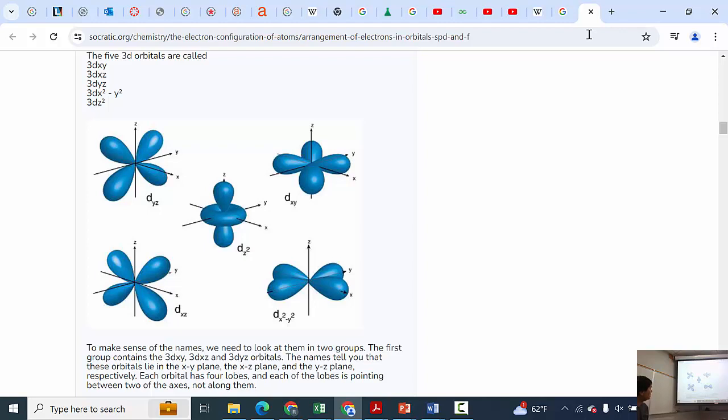This is an XZ. So they say DYZ, DXY, DXZ. But we have two more. This is the DZ squared, which looks like a figure 8 with a hula hoop. And then this is the DX squared minus Y squared, which are right on the axes. And so these are the 5 d orbitals, what we call d orbitals, or L equals 2.